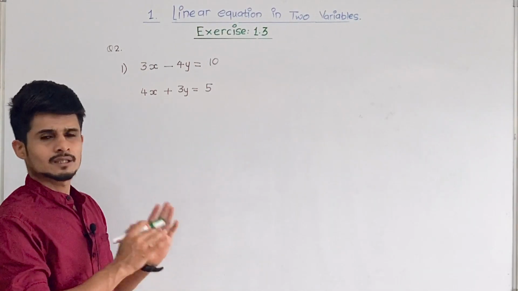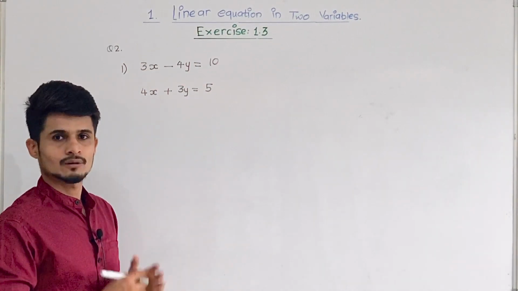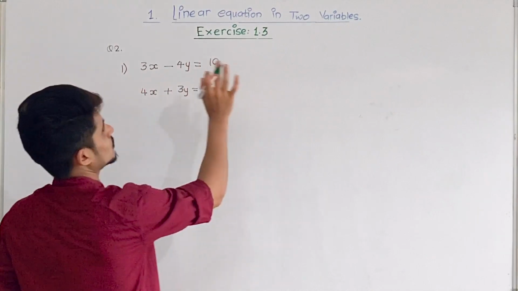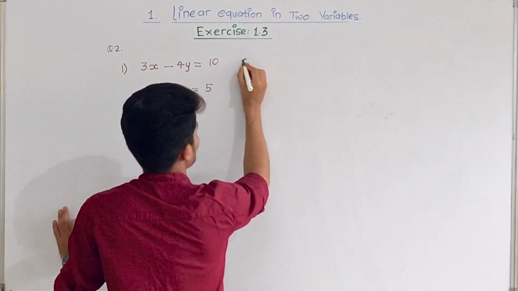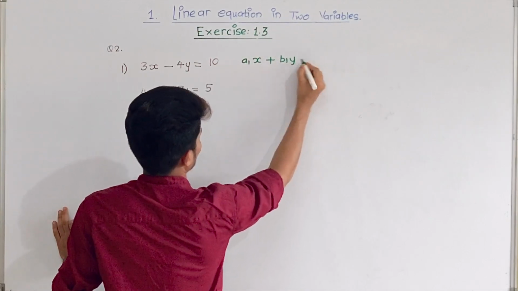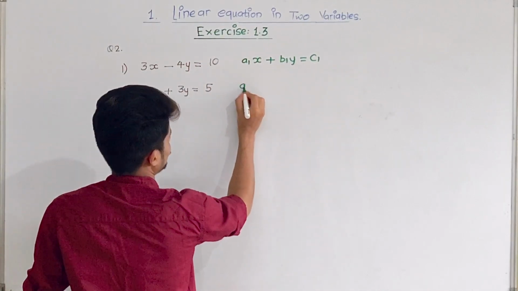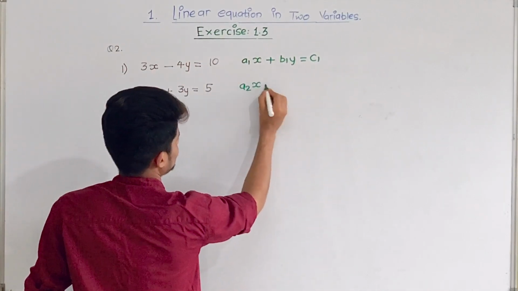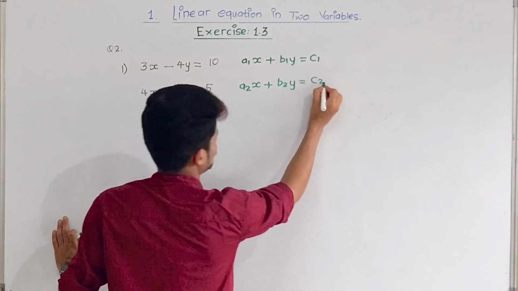Firstly, we will write the general equation and then compare the values and find the value of a1, b1 and c1. So the general equation for the first equation is a1x plus b1y is equals to c1. Similarly, the general equation for the second one is a2x plus b2y is equals to c2.